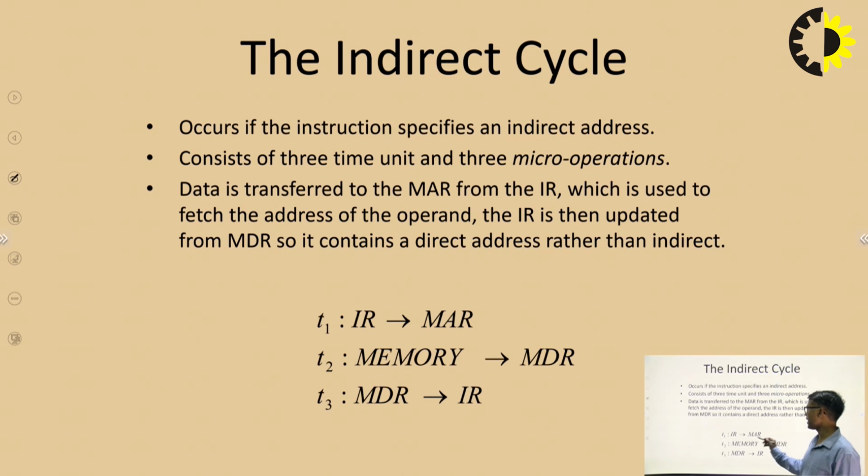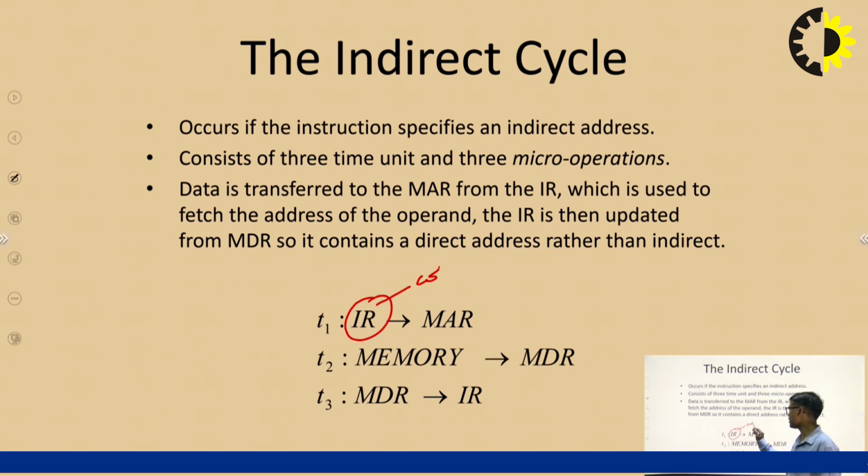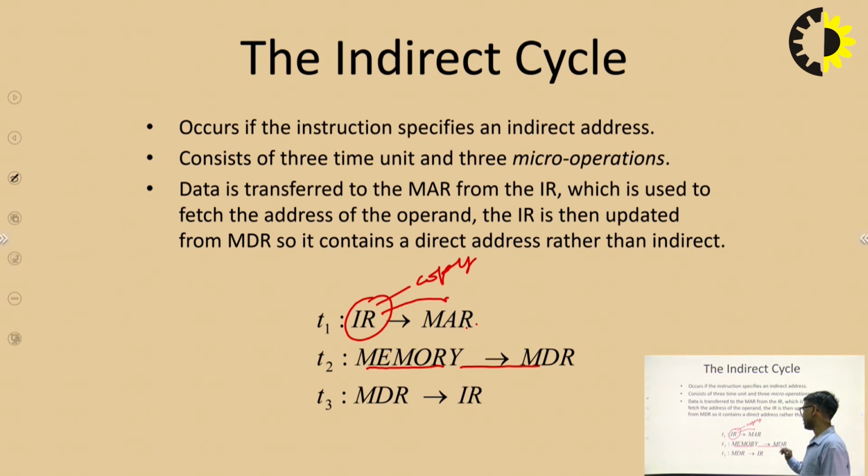If it is indirect, the IR will have a copy of the address, and that address is now moved to the MAR. So the memory address register will send the address to the memory, asking it to bring this particular data because it is an indirect operation. In the memory, data will be read and copied back to the MDR.